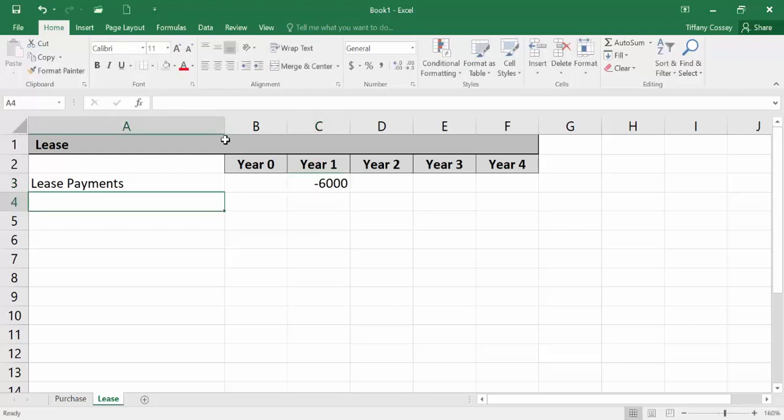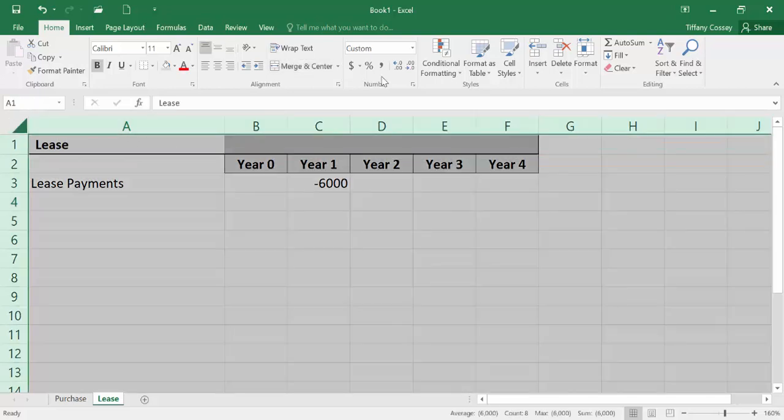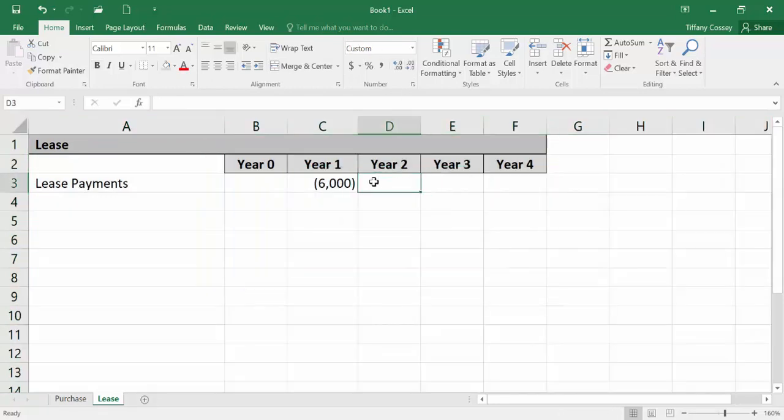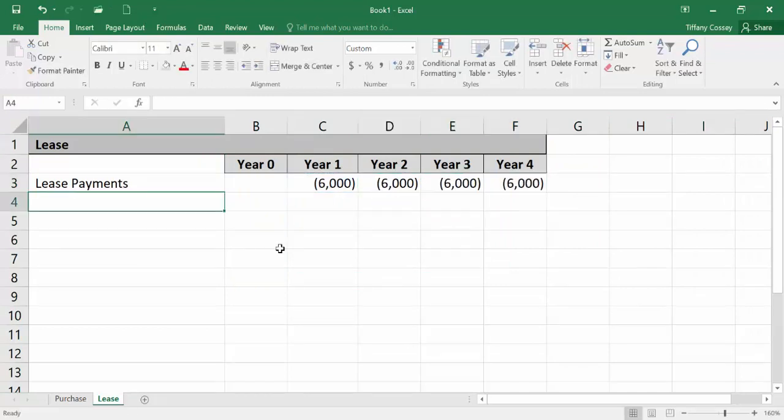We're going to put those in as negative $6,000 because it represents an outflow of cash. And those are annual, so I'm going to spread those across here. Since this is the only expense I have, I can just take the tax rate and multiply that by my lease payments, and that gives me my tax shield.